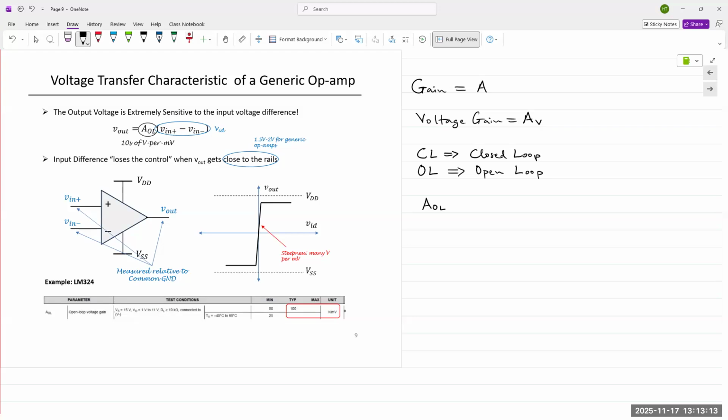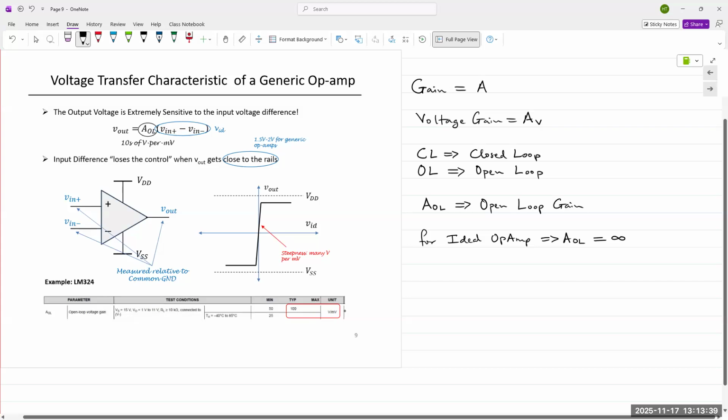So AOL stands for open loop gain, and for an ideal op-amp, AOL is infinite, which of course is not true for a real life op-amp.